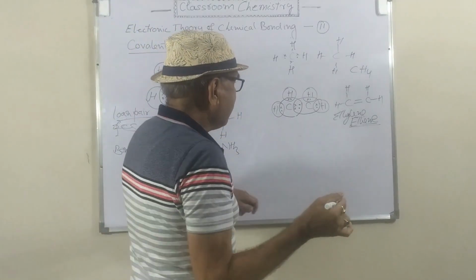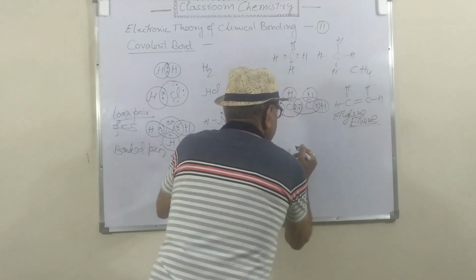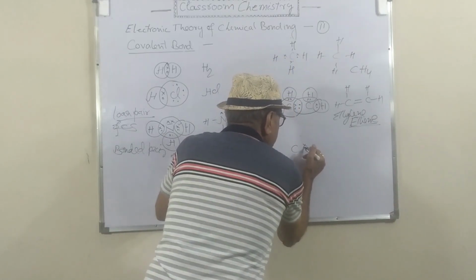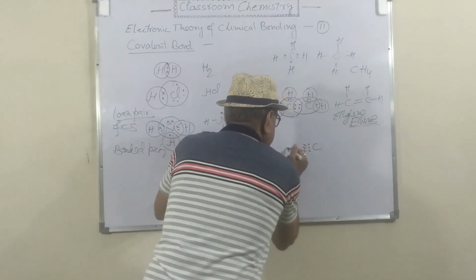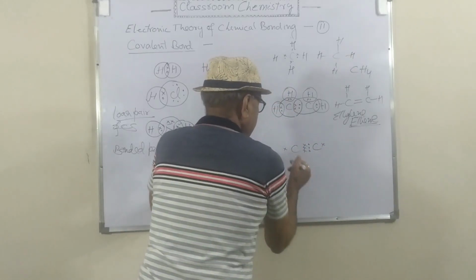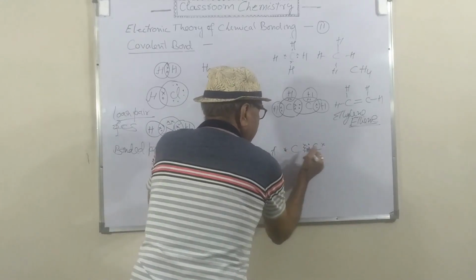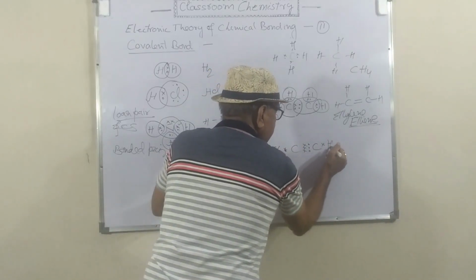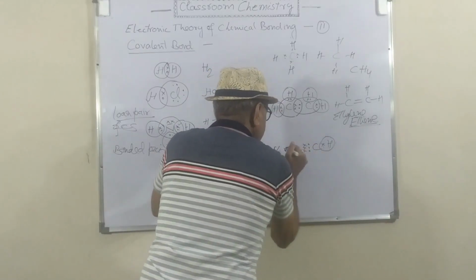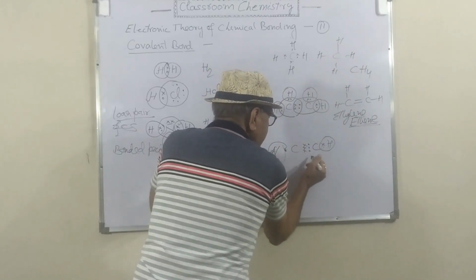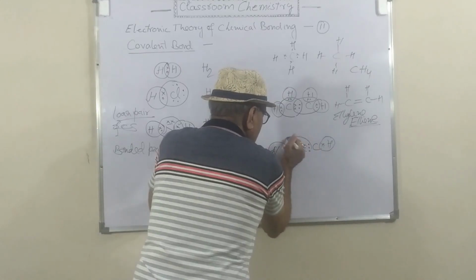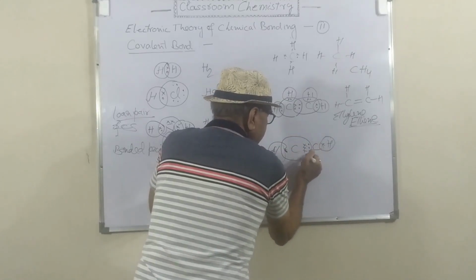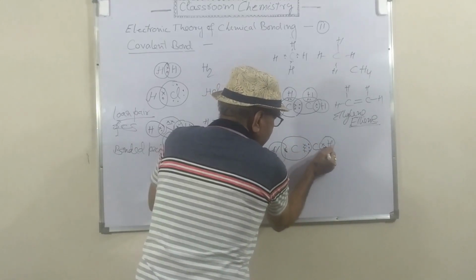Now for acetylene, you know the acetylene, when the 3 electrons of each carbon take part in the sharing. Here this is of hydrogen, this is of hydrogen, 6 and 2, this 6 and this 2.